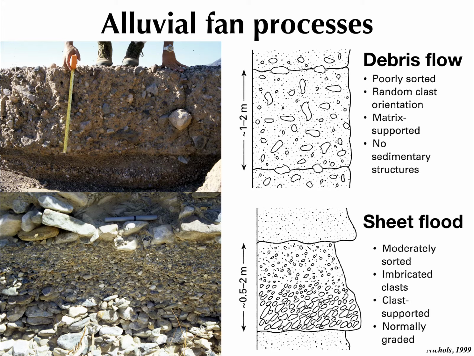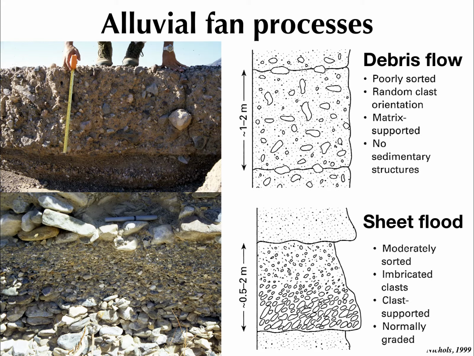Another process that takes place on alluvial fans is something called a sheet flood. Sheet floods are supercritical water flows that can cover most of the fan surface all at once, or at least most of a depositional lobe. They are thin but quite fast, and they're capable of carrying smaller size grades of gravel and all sizes of sand.